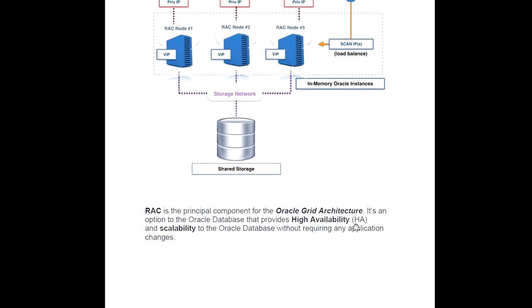There will be multiple points that you need to look after if you want to add additional nodes, but you can scale without requiring any application changes. Okay, that is one thing.